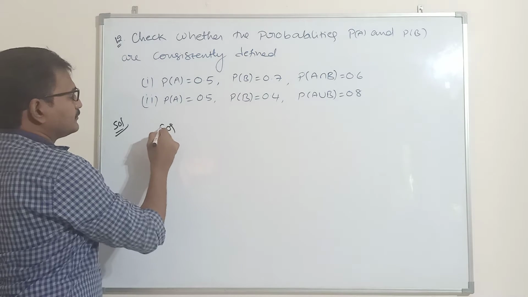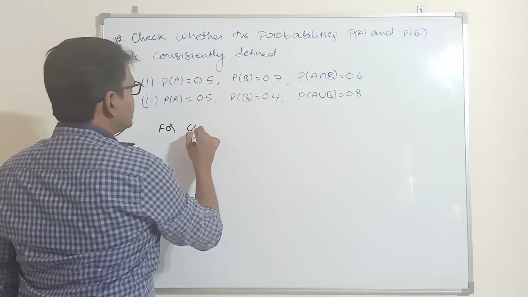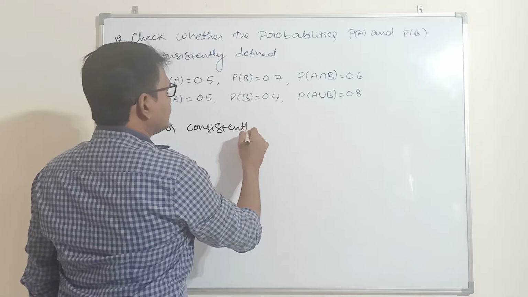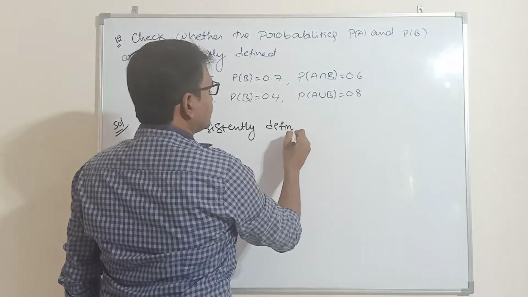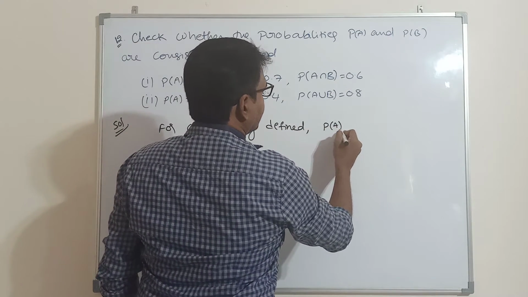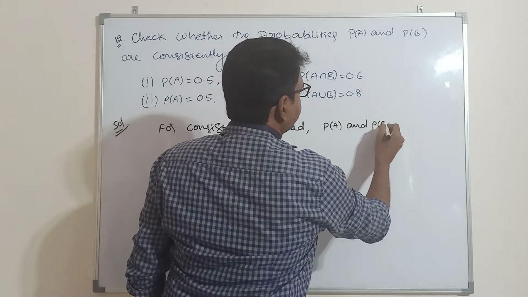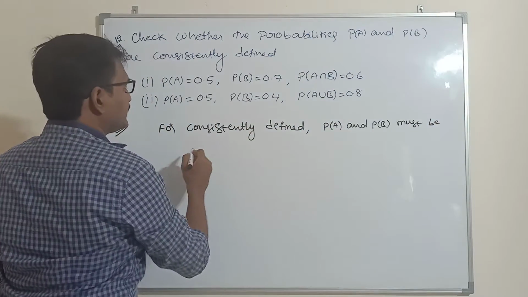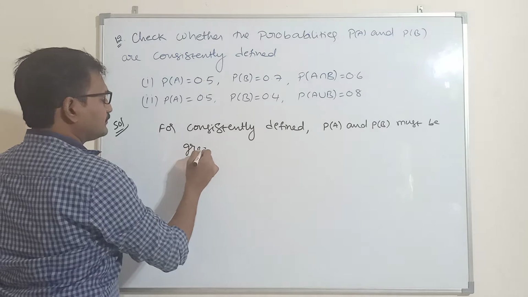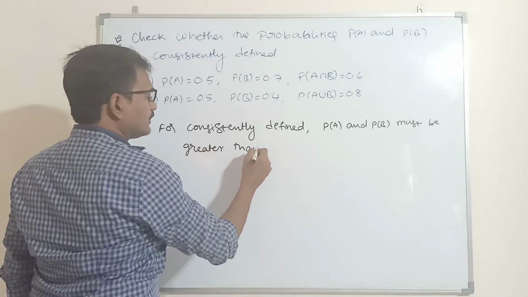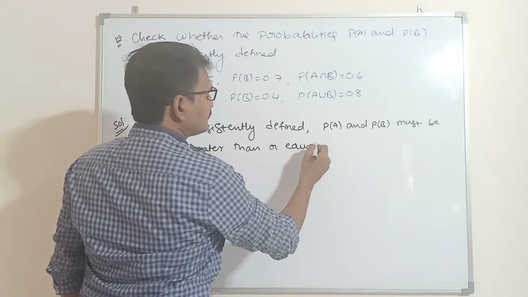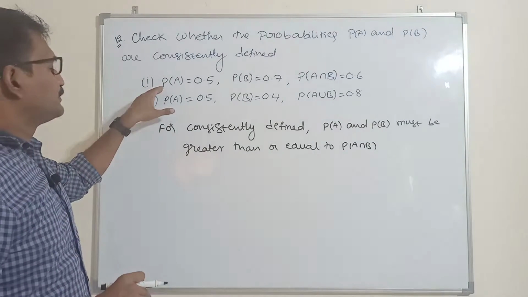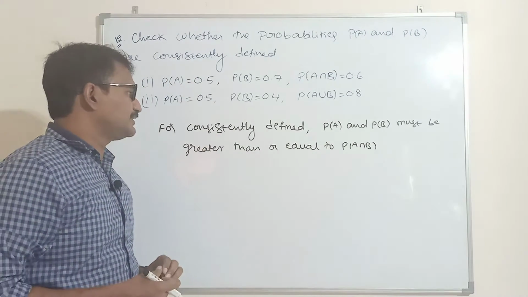For the data to be consistently defined, P of A and P of B must be greater than or equal to P of A intersection B. So we have to check whether the given data is consistently defined or not.